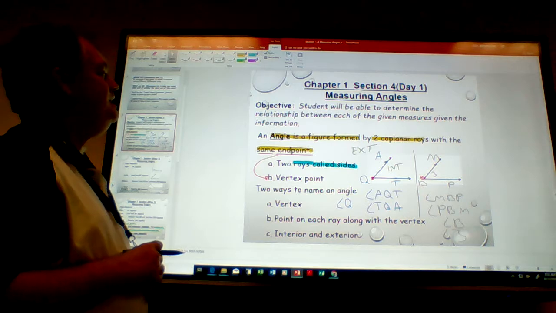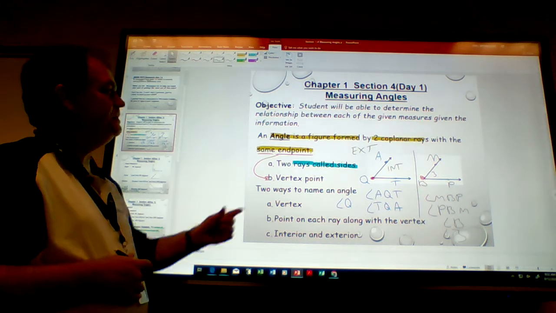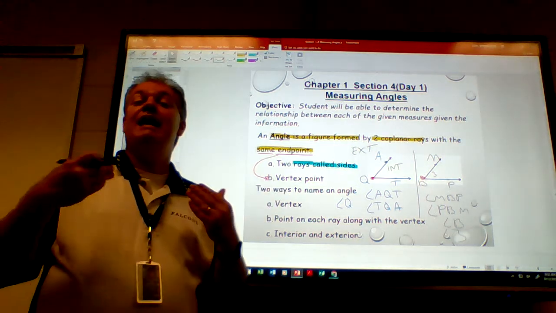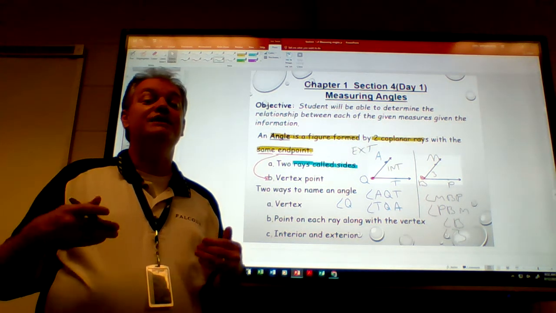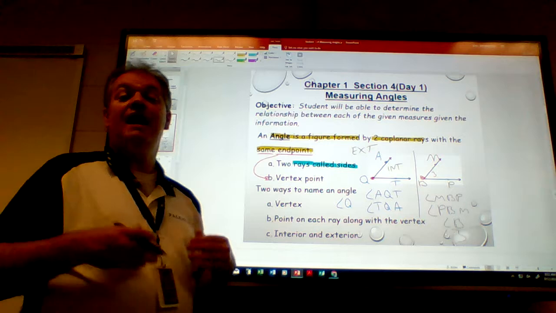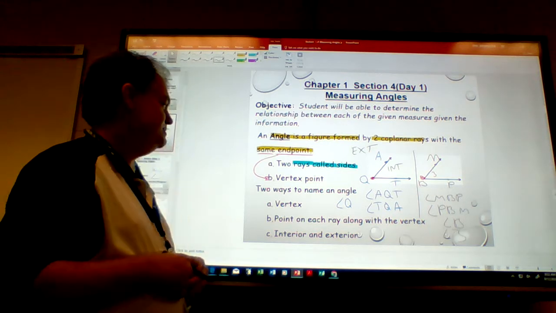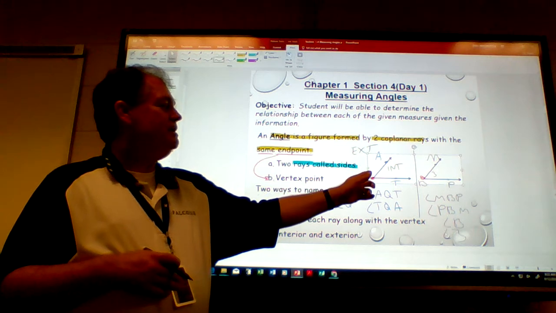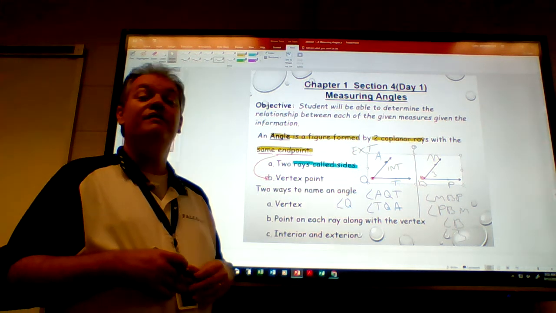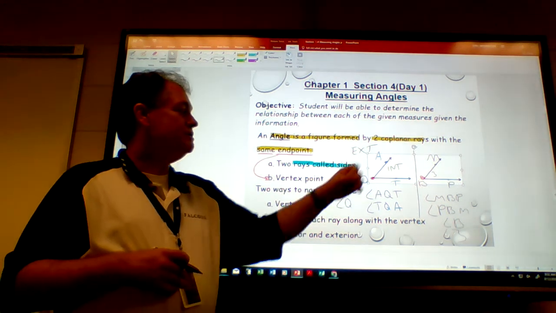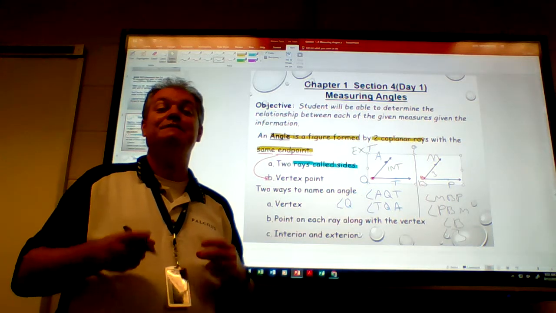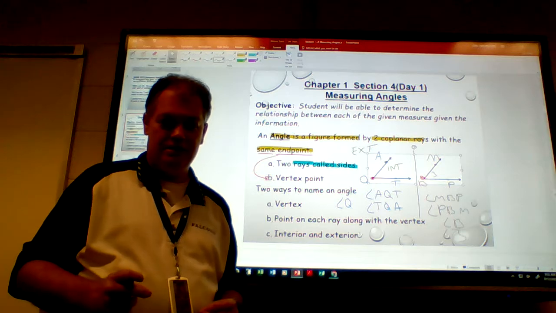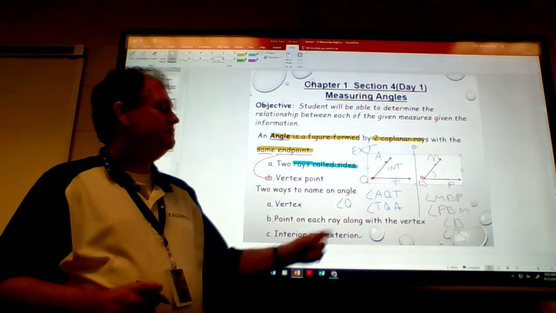All right. Then we talked about an angle. The exterior is on the outside, the interior is on the inside. An angle is formed by two rays that share a common endpoint. That common endpoint is the vertex point. The way to name an angle is one point on the first ray, the vertex point, and then a point on the second ray. The order is not important, except the vertex must be in the middle, always.